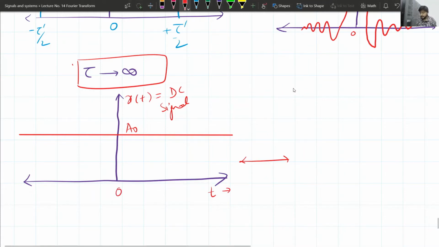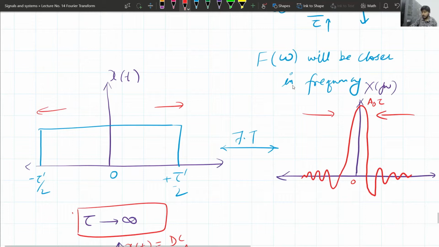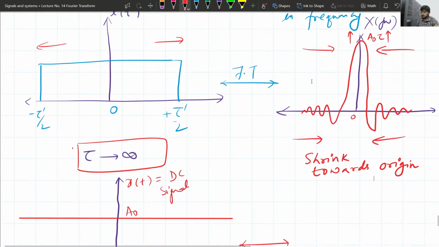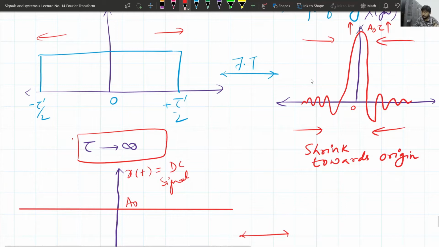Now we can observe that once tau tends to infinity, this amplitude will also tend towards infinity. It will become a very large value, plus this whole frequency domain will shrink towards origin. And of course the amplitude at origin A0 tau will also tend towards infinity.